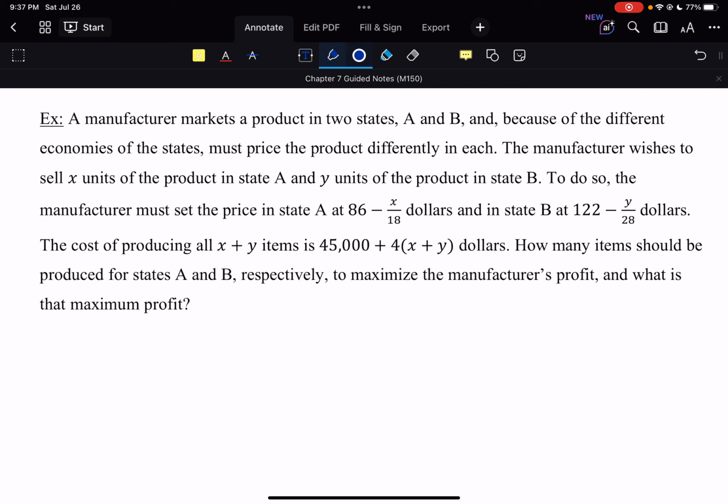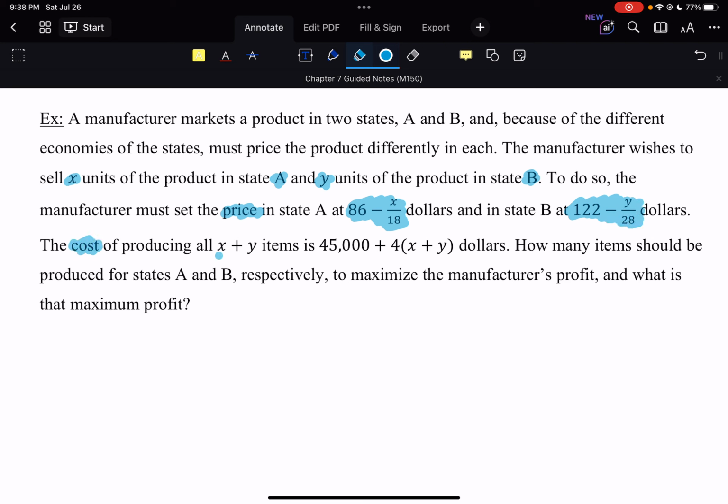So we got a lot going on in here. We have X units in state A, Y units in state B. The price in state A is given here. The price in state B is given here.